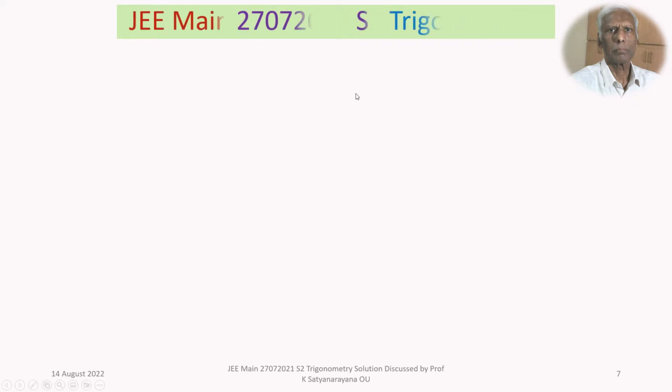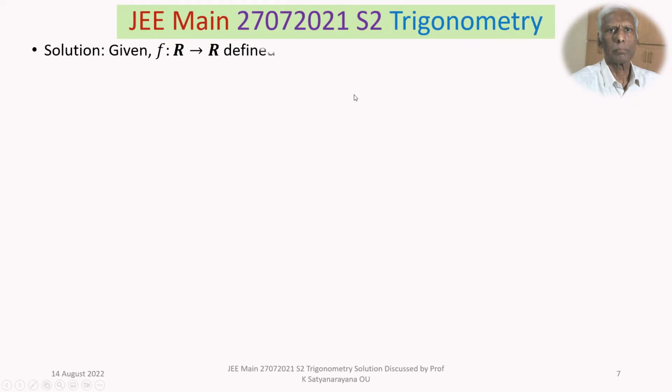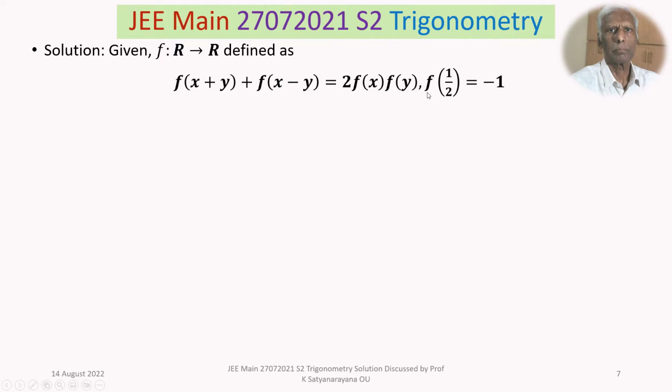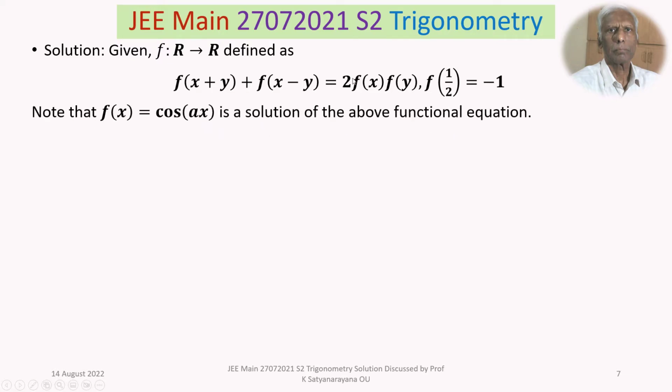And now we have the functional equation, and f of 1 by 2 is equal to minus 1. This is the given condition. We have already seen f of x is equal to cos ax is a solution of this functional equation.